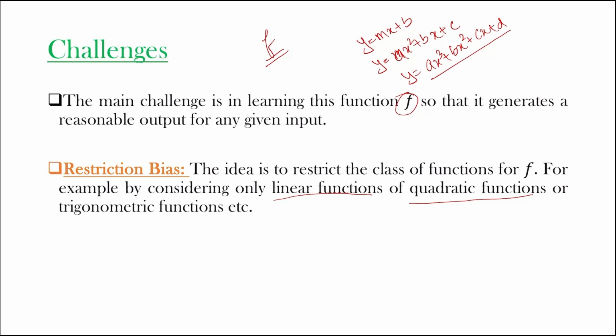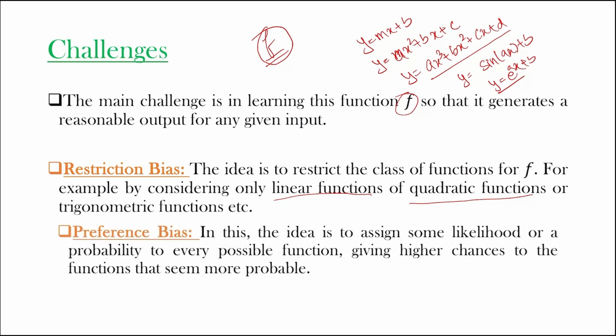Or in general, any linear or non-linear function, like a trigonometric function such as sine of ax plus b, or y equals e to the power ax plus b. So I'm applying a restriction bias on the possible values the function f can take.